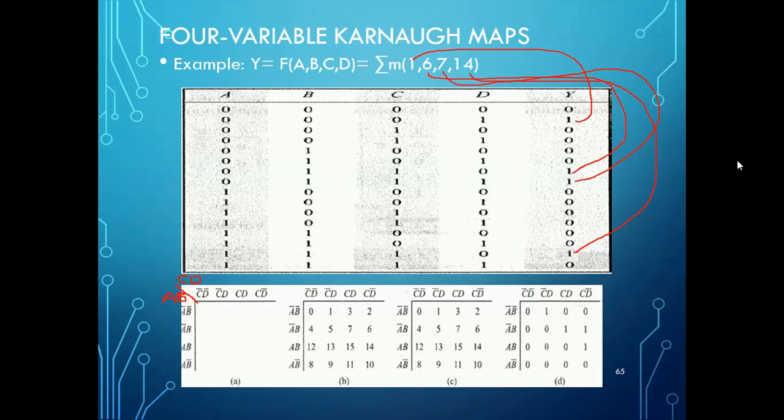Here AB takes two values 0, 0. CD also takes values, that is C bar D bar meaning 0, 0. Again A bar B, that is 0, 1. Next you have 1, 1, 1, 0 at this side. Here you have 0, 1, 1, 1, and CD value 1, 1, and next 1, 0.